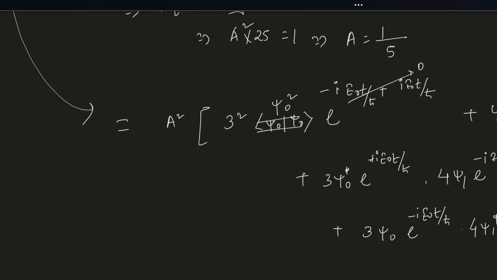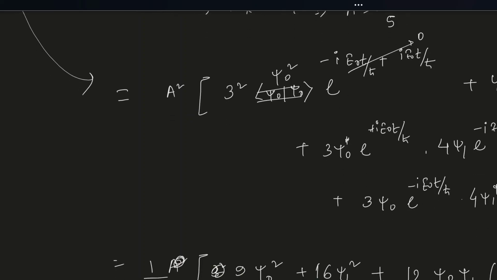So both of these terms have psi naught psi 1 in common, and then you have e to the power of i (E naught minus E1) t by h cut plus e to the power of minus i (E naught minus E1) t by h cut, which is nothing but, because you know e to the power ix plus e to the power minus ix by 2 is equal to cos x.